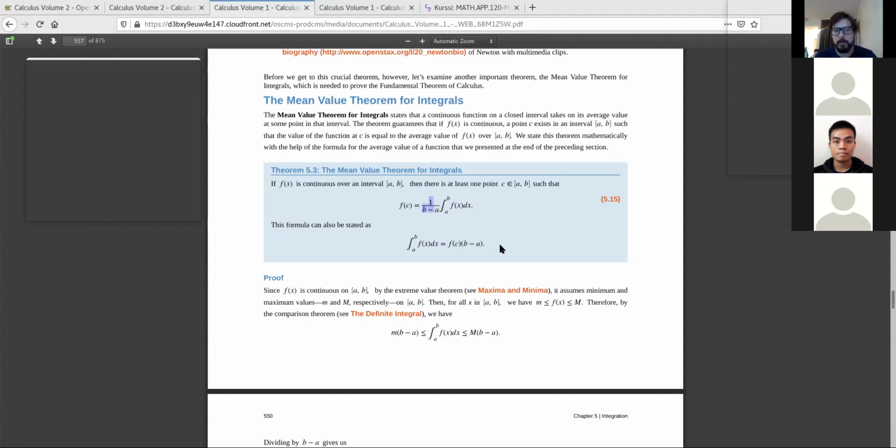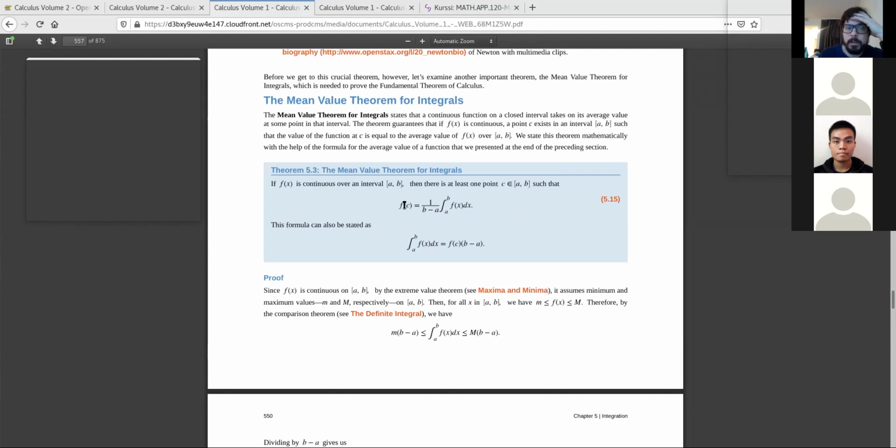Remember that we thought of this as the limit of those smaller and smaller boxes, and we calculate the height of each box, and we add the areas of these boxes. So you can think of this as simply the average height of the boxes, which means it's like the average value of the function.